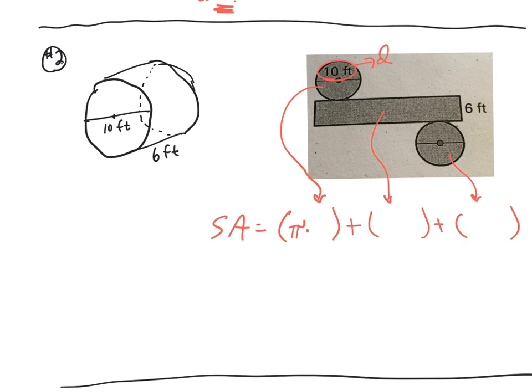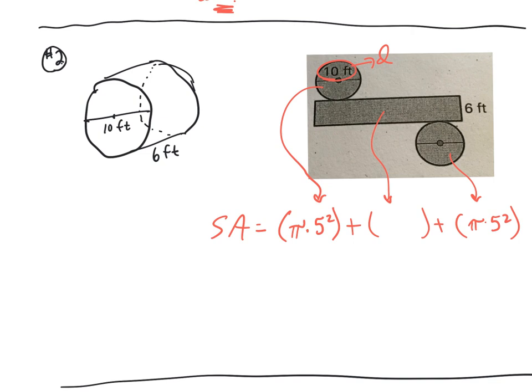So if the diameter is 10, that means the radius is 5. And since the bases have to be congruent, if the radius of the top is 5 feet, the radius of the bottom is 5 feet as well. Let me make my 5 a little nicer there. There we go. So we have the area for the top circle and the area of the bottom circle.